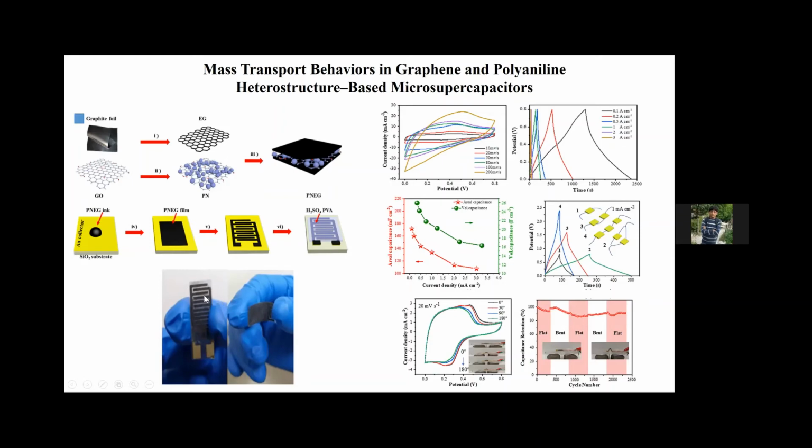This is their planar device, which can achieve a capacitance value of around 180 millifarad per centimeter square. Because this is the area, they calculate how much area of each electrode. So based on that, they calculate the areal capacitance, which is very good.